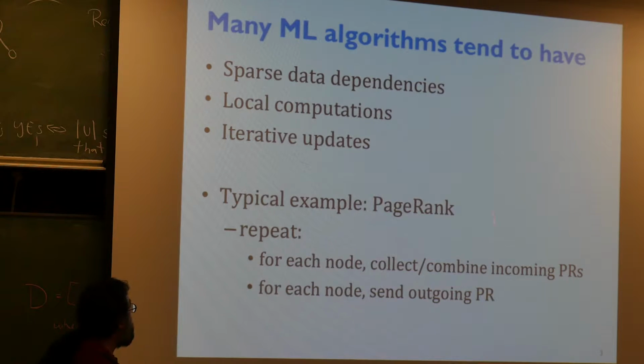You can imagine doing it for every node in the graph. We collect some incoming PageRanks, and then we send some outgoing PageRanks. So there's communication going on. It's sparse communication. Each node is only talking to a relatively small number of things, and the things that are communicating you could think of as living in a graph.